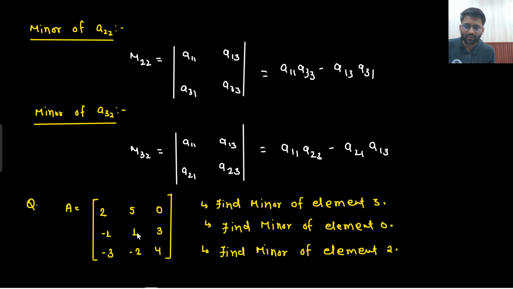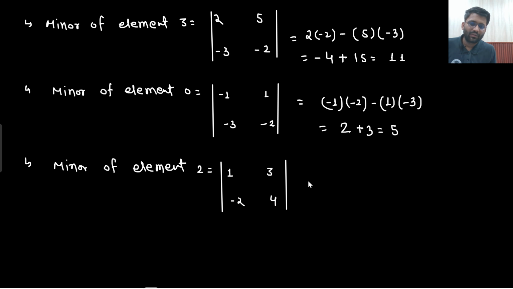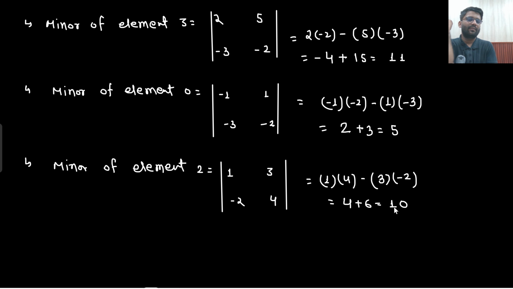You need to find out for element 2. That would be 1 into 4 minus 3 into minus 2. So 4 plus 6, that would be 10. Okay. So the answer is 10.